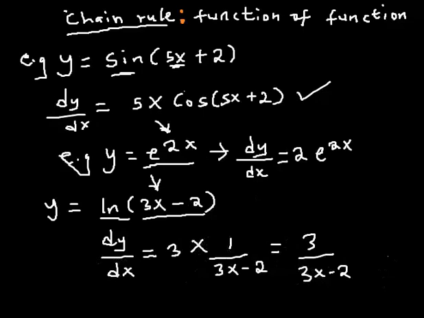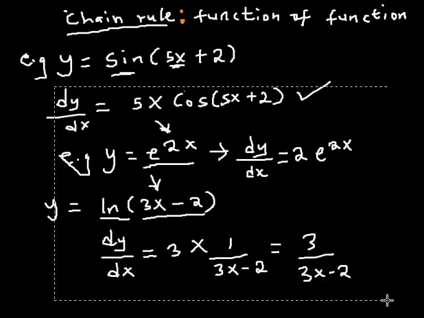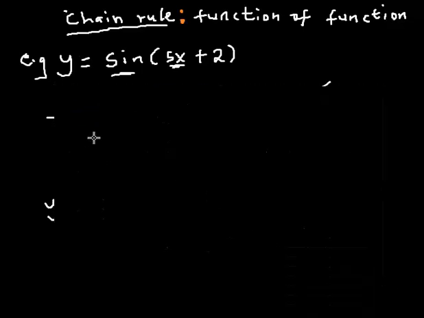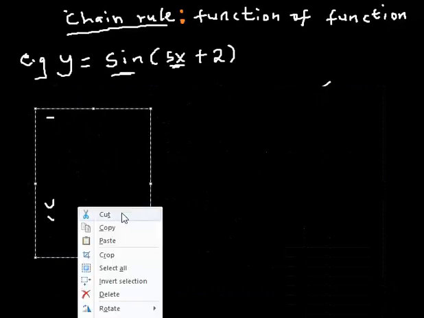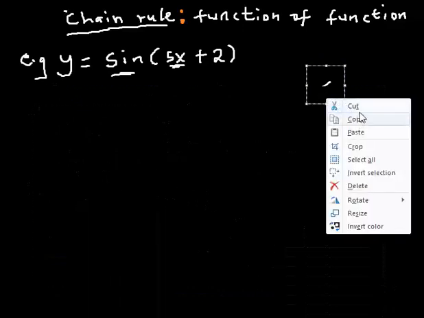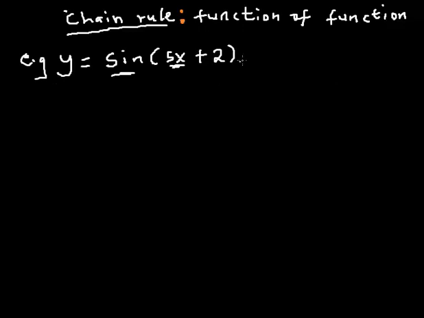So if I'm given a complex function that involves both a function of a function and a product function, like what I gave earlier, sine of 5x plus 2 times exponent of 3x minus 2, it will be easier. So now I can solve this.